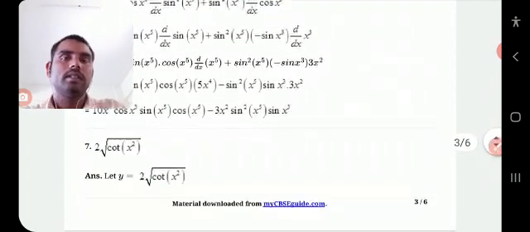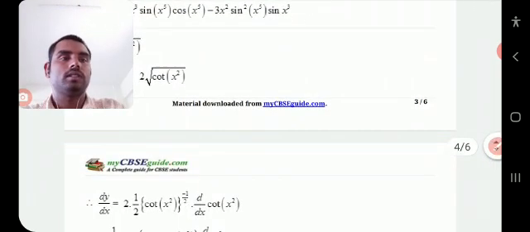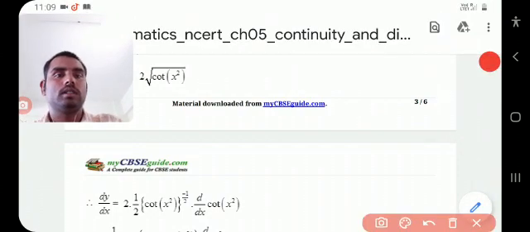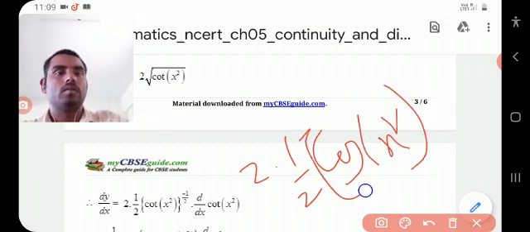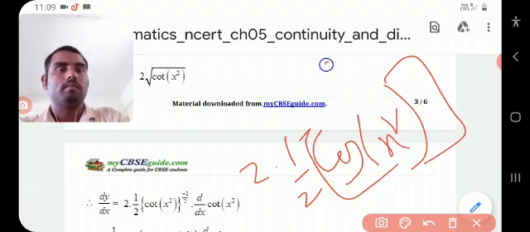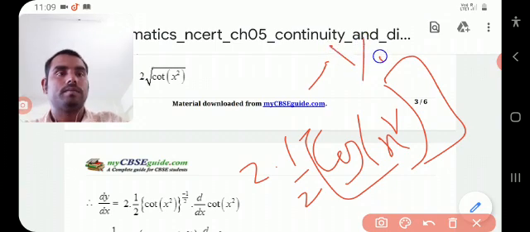Okay, next part is y equal to 2 root over cot x square. So root over is the power half, cot x square whole to the power minus half.